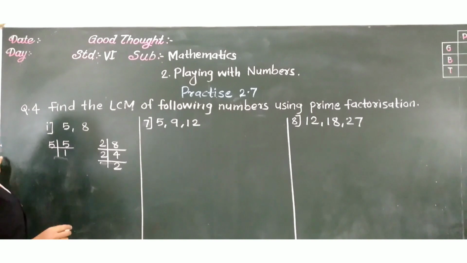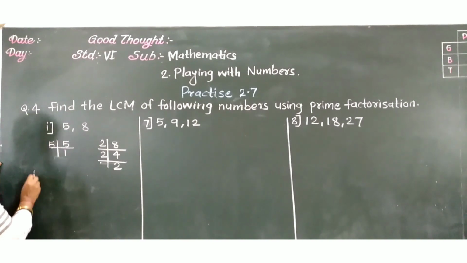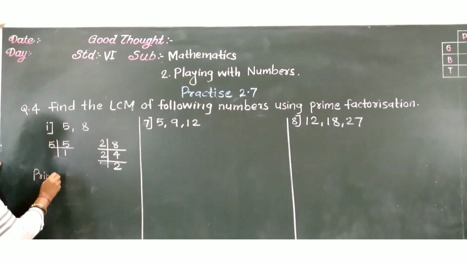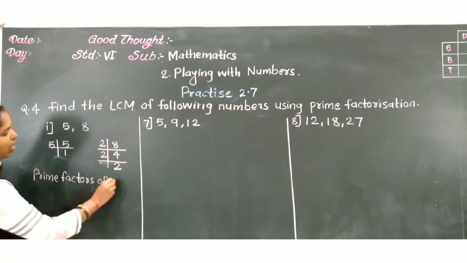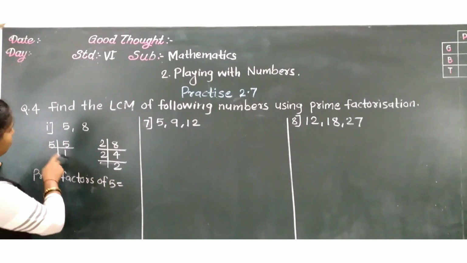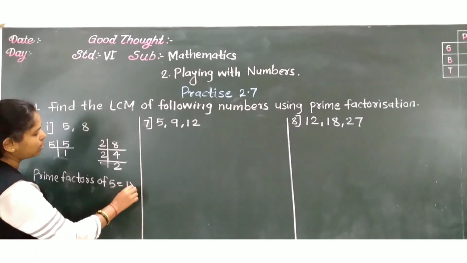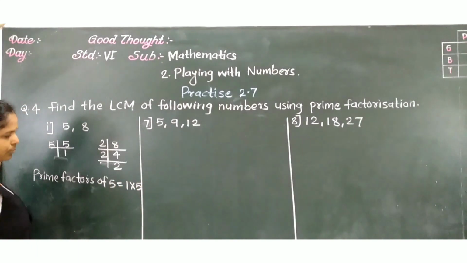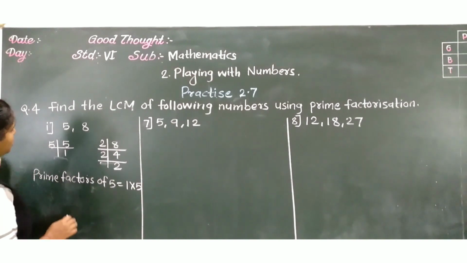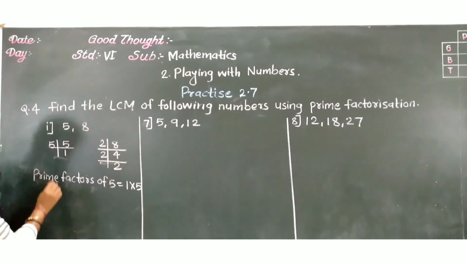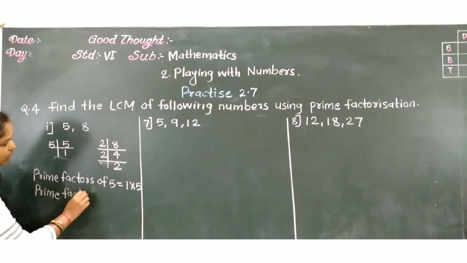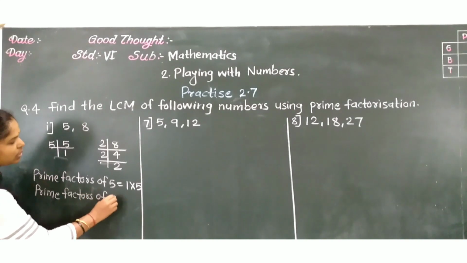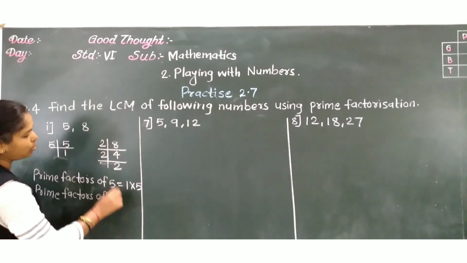We have to write the prime factors. Prime factors of 5 is equal to what? 1 into 5, or only 5 we can write because that is a prime number only. No need to show the division here. Prime factors of 8 is equal to 2 into 2 into 2.